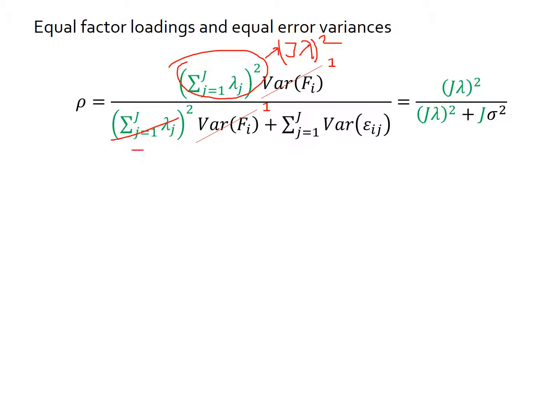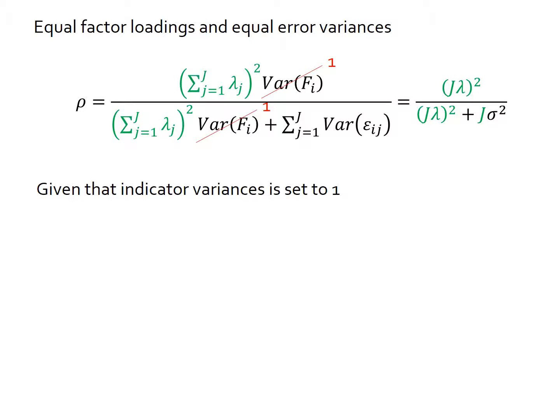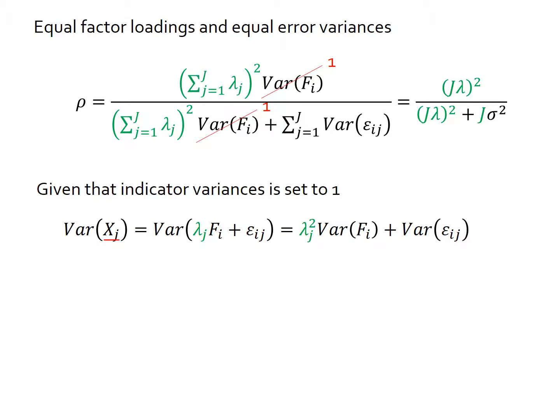This one equals j lambda square, and because the variance of the error term is equal across items, this one equals sigma square, and the sum of sigma square across j equals j sigma square, which is this.